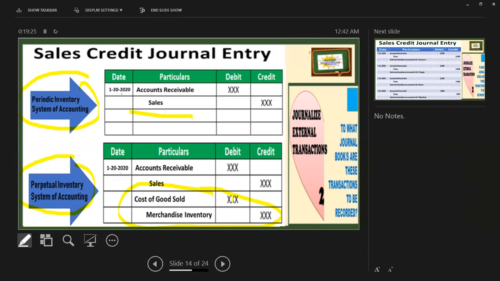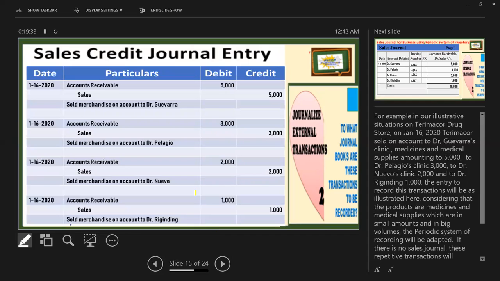So you debit the cost of goods sold, you credit the merchandise inventory. So this will be the appearance of journal without using special journals.